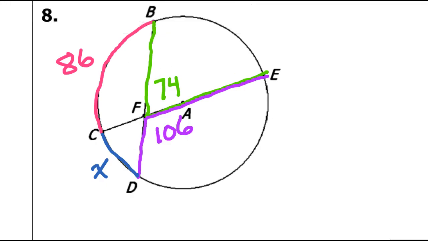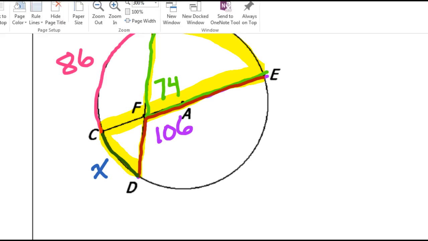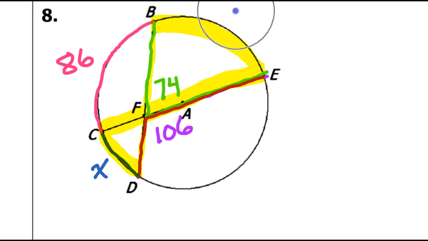If I make the bow tie or hourglass shape out of this, all right? So here's what I need. So here's the bow tie hourglass type situation. That helps me know what the other arc is that I need. Can you see that the other arc that I need is this arc right here?